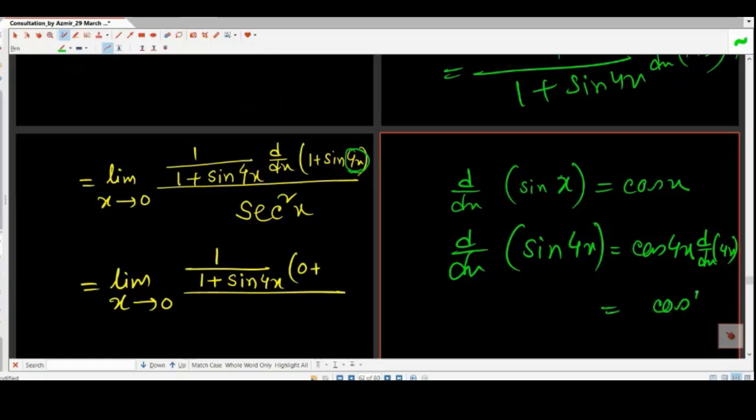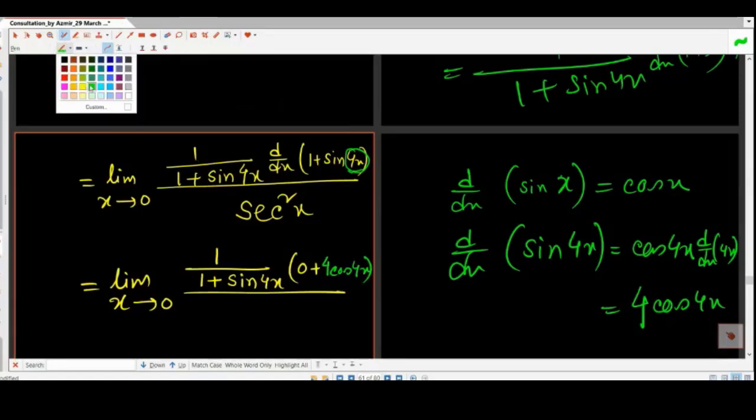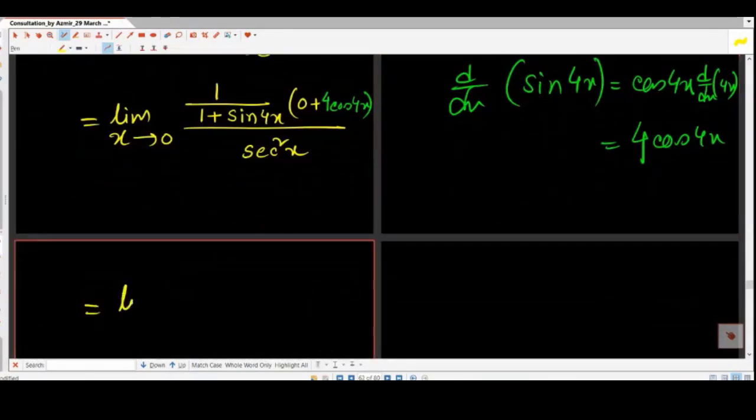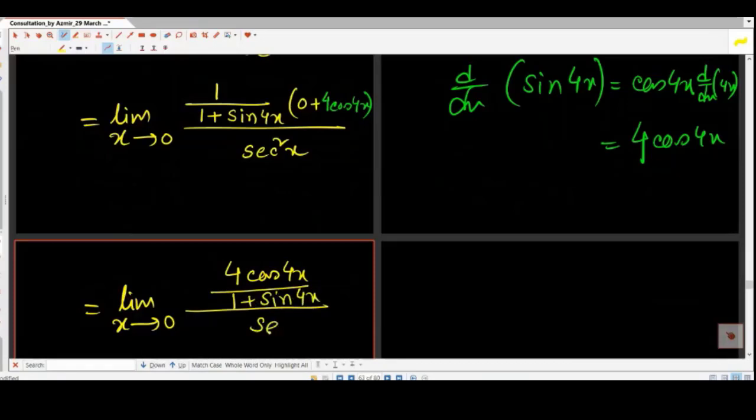So cosine 4x, differentiation of 4x will be 4. So here we are getting 4 cosine 4x. In the denominator, we have secant squared x. So limit x tends to 0, 4 cosine 4x over 1 plus sine 4x over secant squared x.